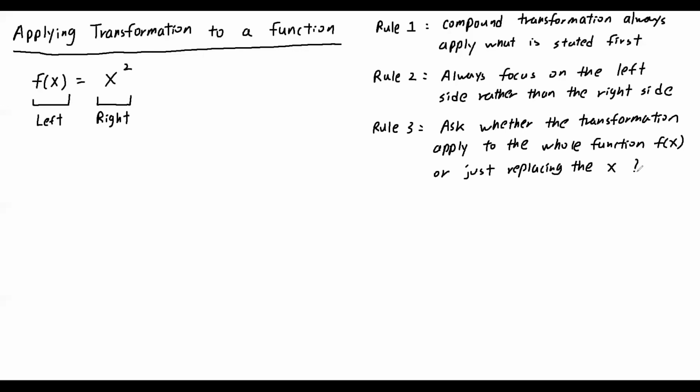Lastly, we want to ask ourselves, does the transformation apply to the whole function, which is f(x), or just replacing the x with something else? So we have to be very careful and ask ourselves, what is it that we will end up getting? If we focus on the left side of the notation, it will tell us exactly what we need to perform, whether to the whole function or to the x. And now we have successfully learned how to apply transformations to a given function.